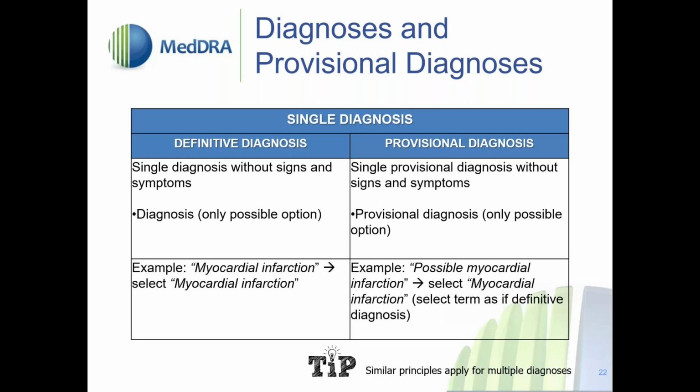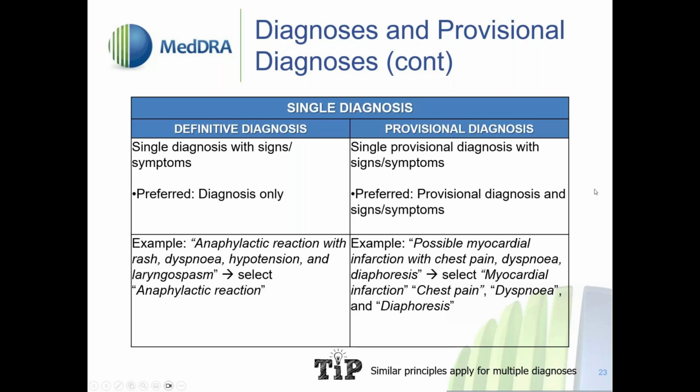What about if the report does include signs and symptoms? Now, if the report is a definitive diagnosis with signs and symptoms, the preferred option, according to the PTC guideline, is that you only need to code the diagnosis. Of course, and it's an important caveat, as long as the signs and symptoms are associated with this diagnosis.